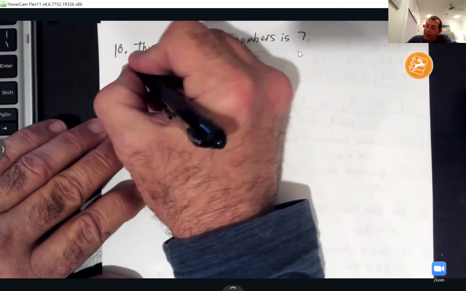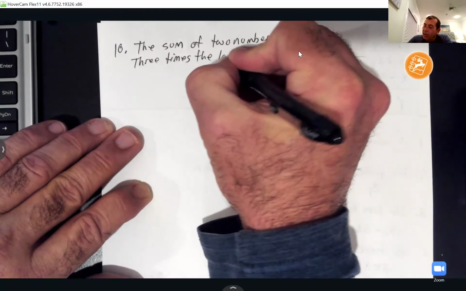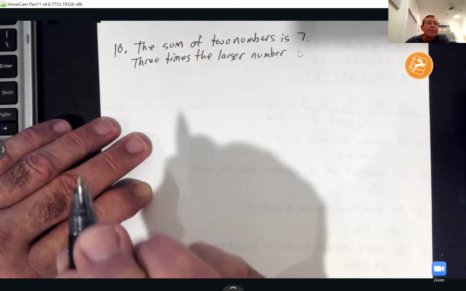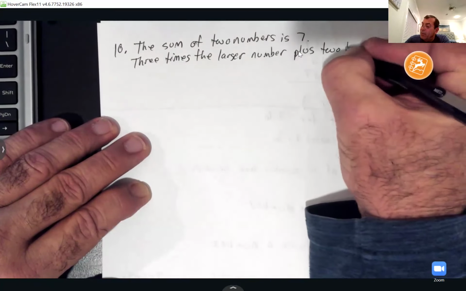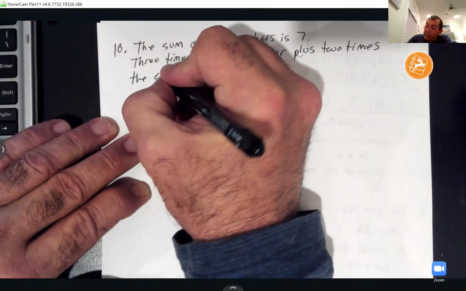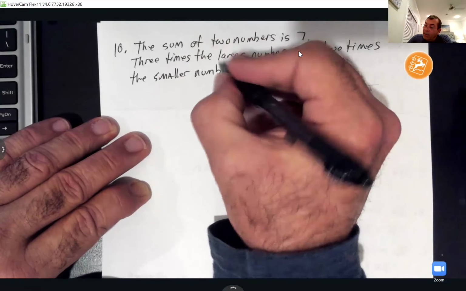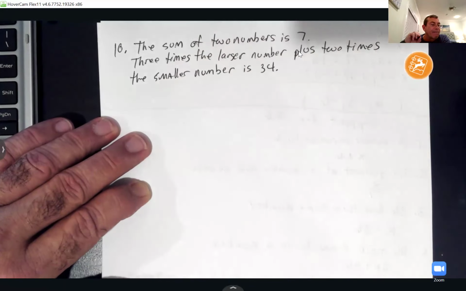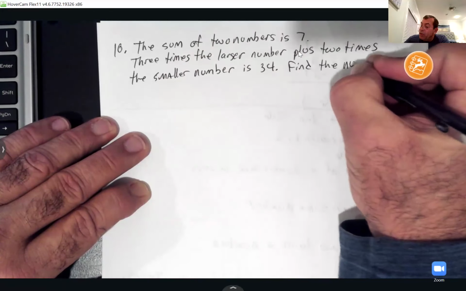Then they say 3 times the larger number plus 2 times the smaller number is 34. Then guess what they say? Find the numbers. They actually want us to find what these numbers are.